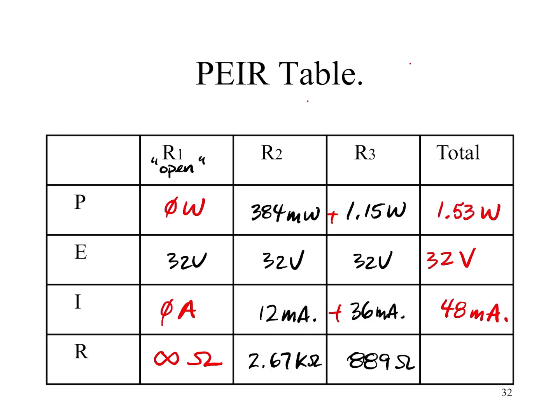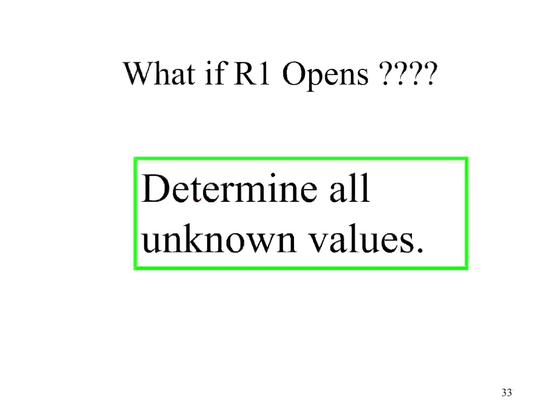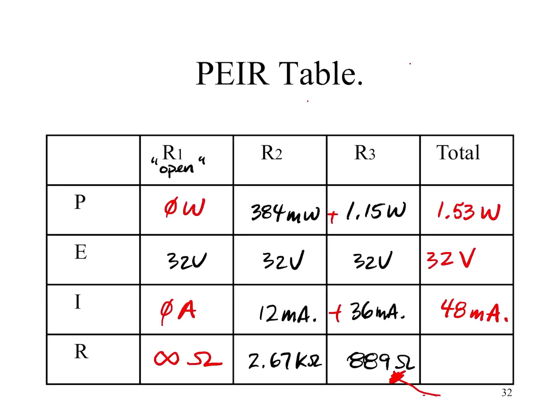And now we can do a division to determine our total resistance. And when we get our total resistance, remember, we should be expecting it to be less than 889 ohms. So that would be 32 divided by 48, exponent minus 3, to give us now a new opposition for the total circuit of 667 ohms.